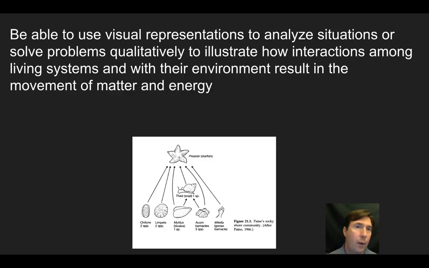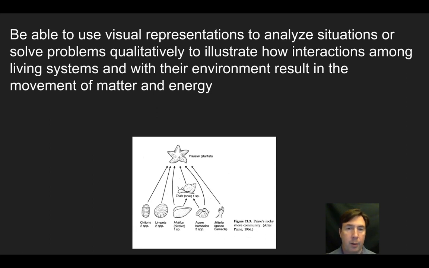All right, so what I wanted to be able to do is use a visual representation to analyze a situation or solve problems qualitatively to illustrate how interactions among living systems and with their environments result in the movement of matter and energy. In this particular example, I'm showing you a rocky shore community.